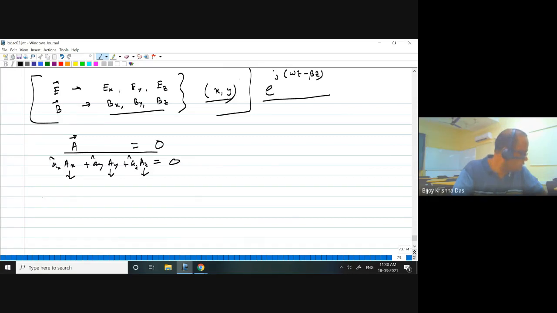I write here, we'll see how it comes. Del 2 Ex del x2, sorry, del x component I'm writing first, and then del 2 del y2 plus omega square c square, and n square.